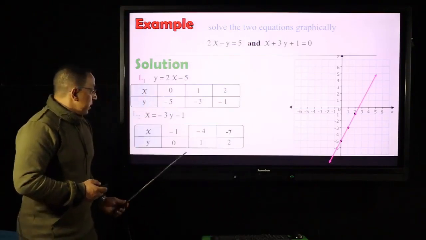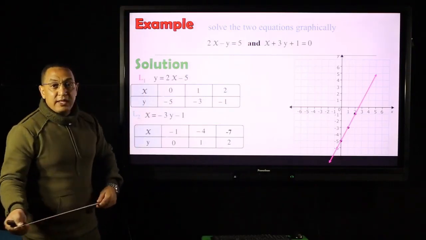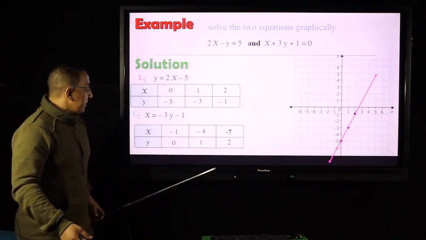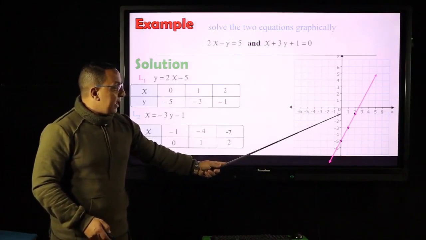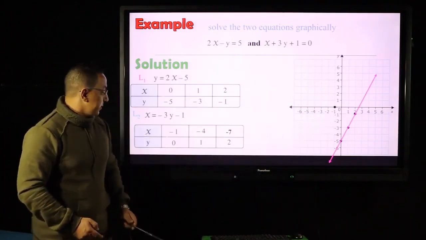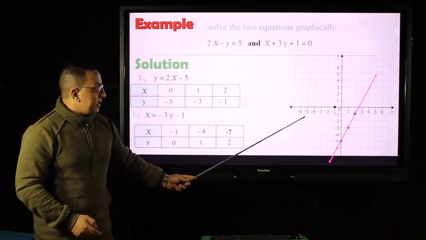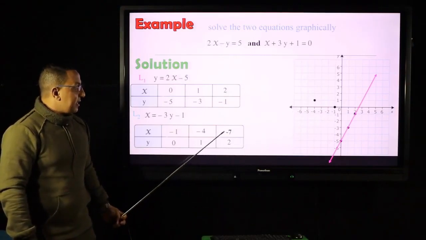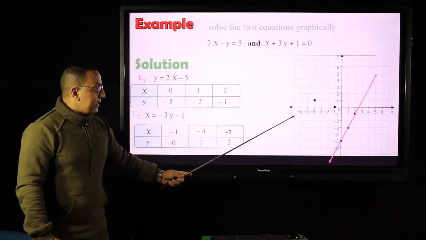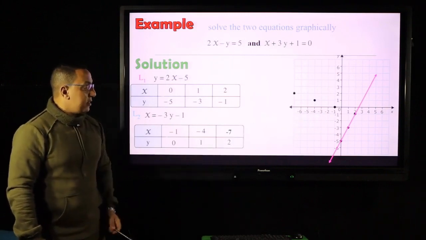Negative 1 and 0 is represented on the x-axis at negative 1. Negative 4 and 1, go to negative 4 and go up to 1, here in this position. Finally negative 7 and 2, go to negative 7 and go up to 2, here in this position.